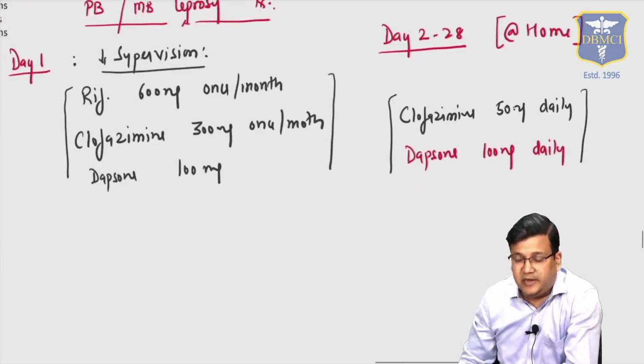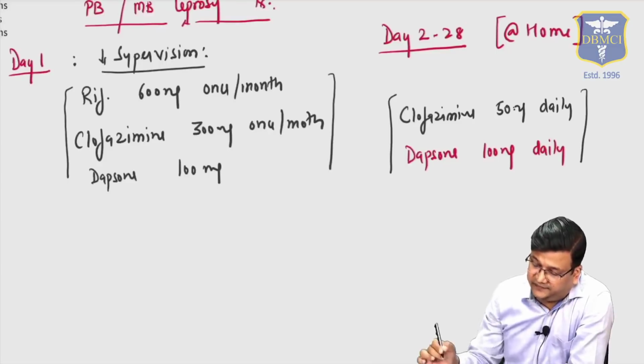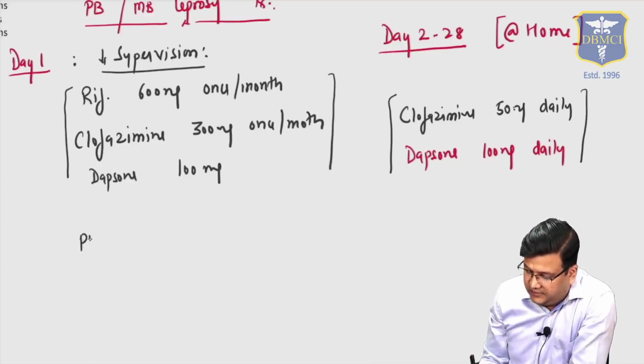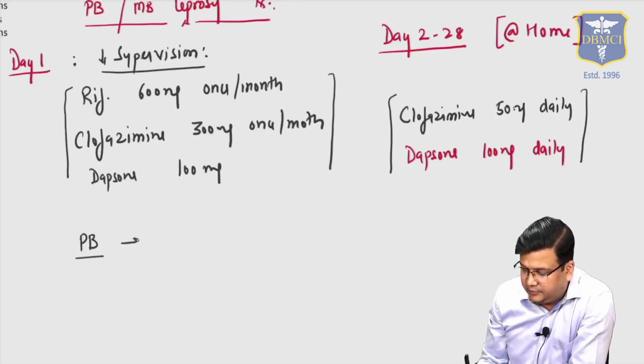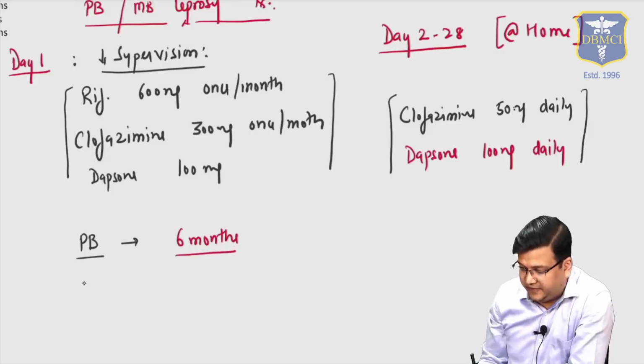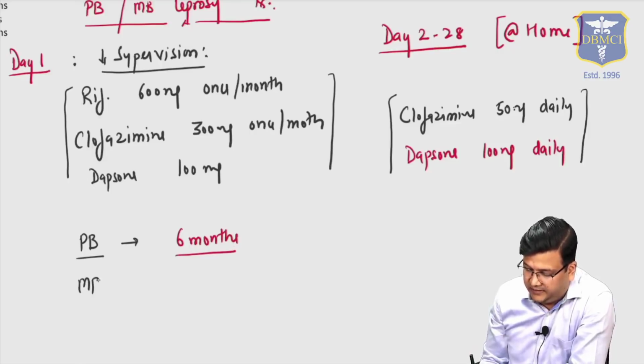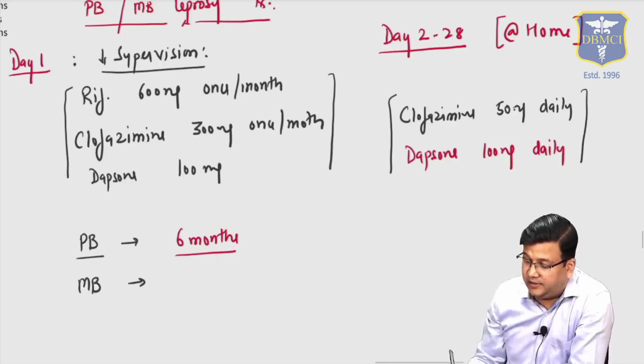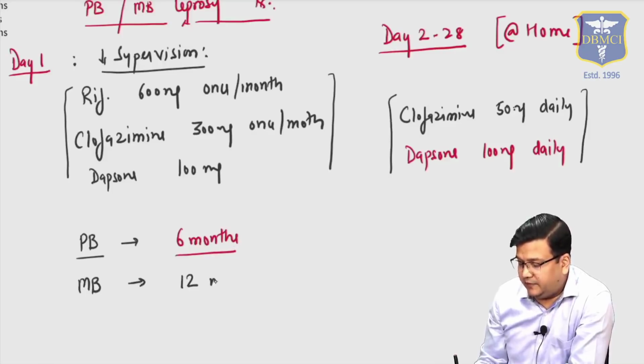In this manner, if he is suffering from Pauci bacillary, then the duration of treatment is 6 months, and if he is suffering from multibacillary, then duration of treatment is 12 months.